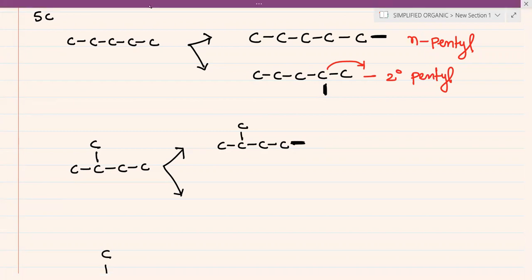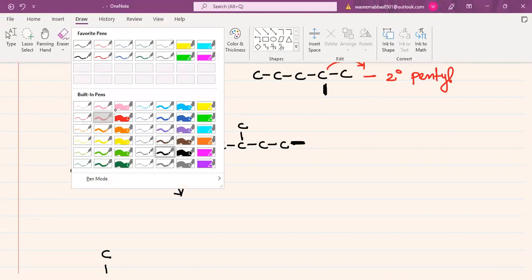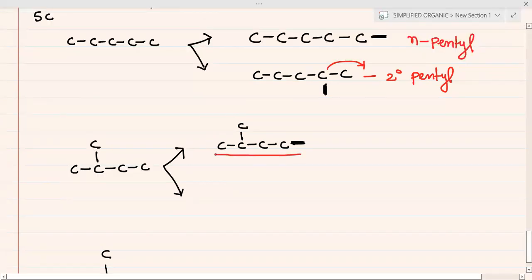I hope you recollect the name easily now. When you travel from here, this is the last carbon, and the last but second carbon has a methyl group, so it is called iso. Total five carbons are there, so it is called isopentyl.